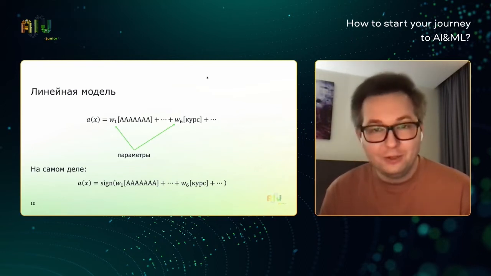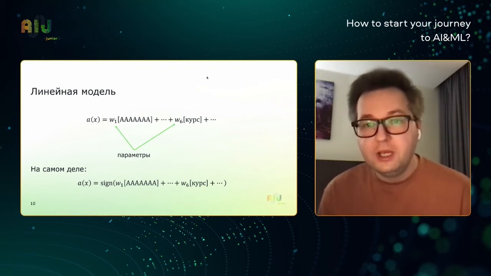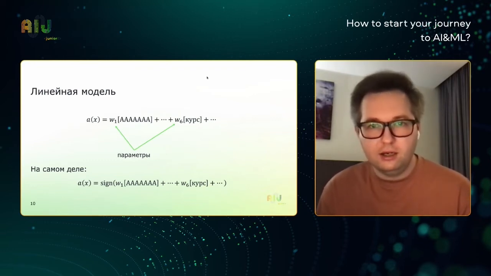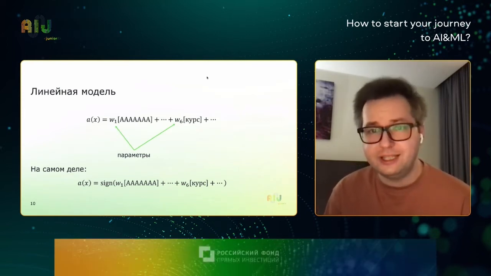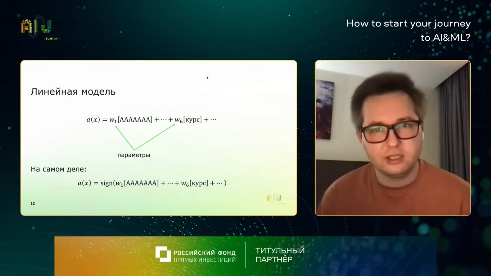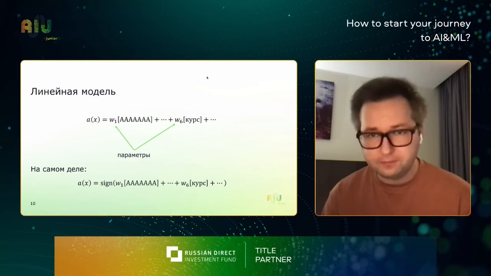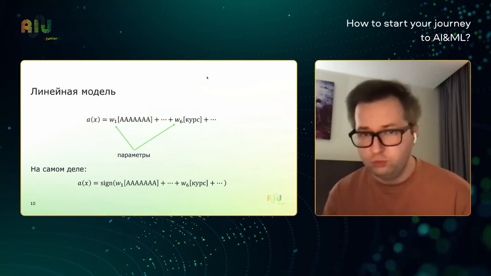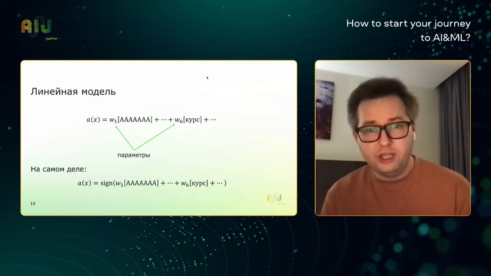So I described the formula, but I didn't say anything about how we predict with this model. So I take the weights and I make the sum of it, and I look at the value I have. If it is a positive value, I can say that my text is positive. If the value is negative, then the text is negative also. So this is a very simple approach. I'm just looking at this weighted sum, looking at how many times I see various words in the text.